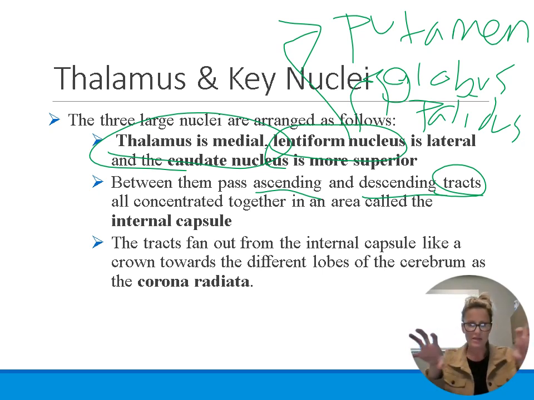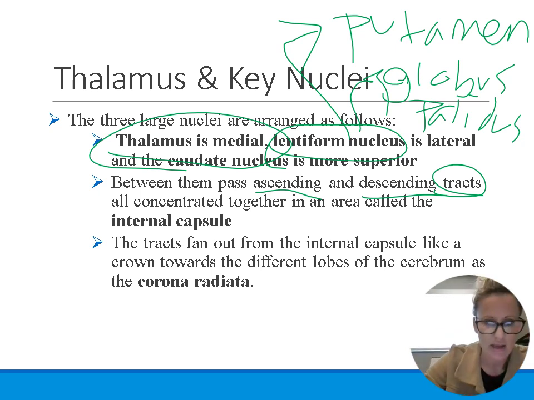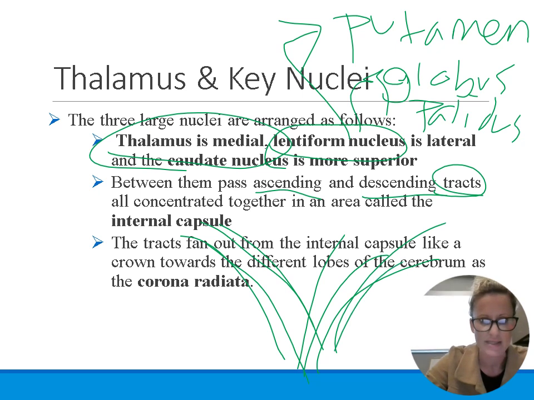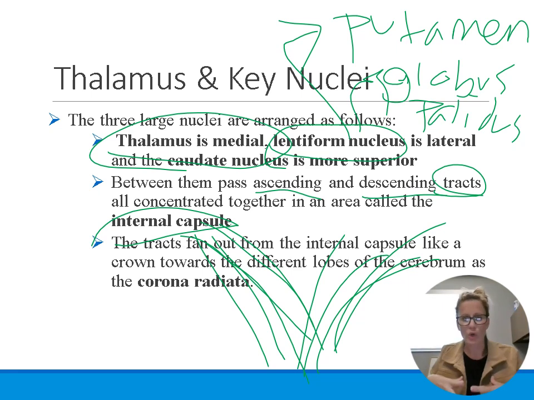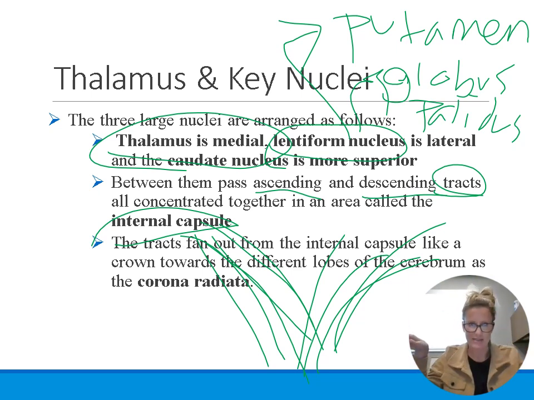So between these nuclei, we see a bunch of these tracts, this white matter that passes through this area. That area where all of these tracts are concentrated together is referred to as the internal capsule.